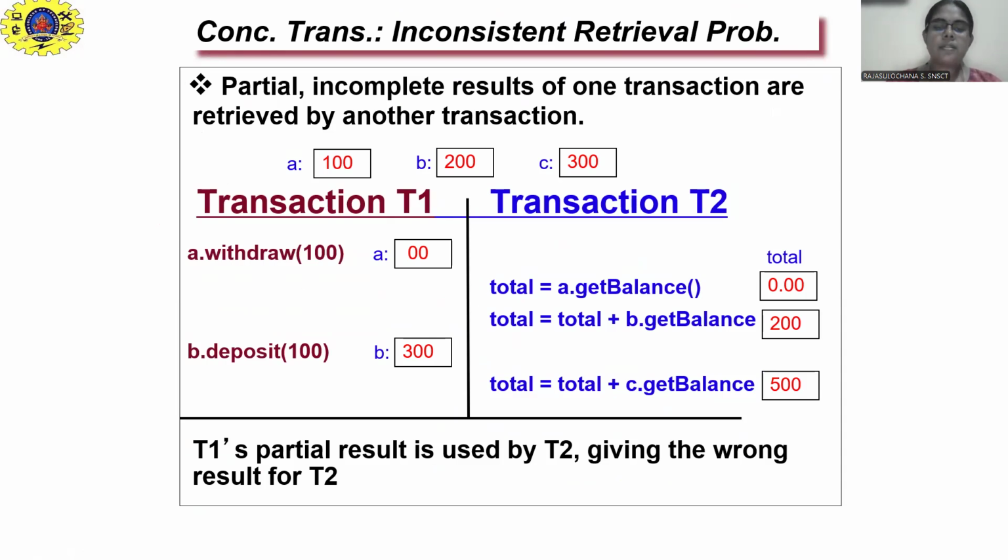This partial result of T1 is used by T2, which gives the wrong result. Actually, at last the total has to be 600, because the balance of account B is updated as 300, so the total should also be updated, but that is not done. So this is the inconsistent retrieval problem.